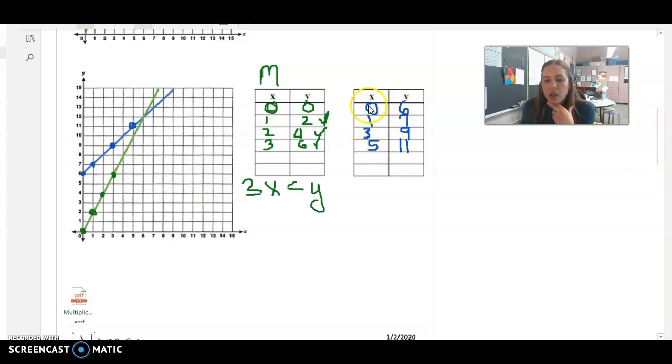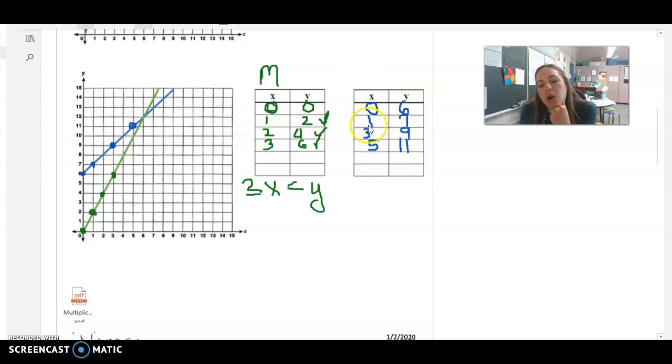So here we increase x by 1, and the same thing happens to y. Or we increase x by 2 each time, and the same thing happens to y. So let's look at the pattern across between x and y. What are we doing to x to get y? Are we multiplying something?